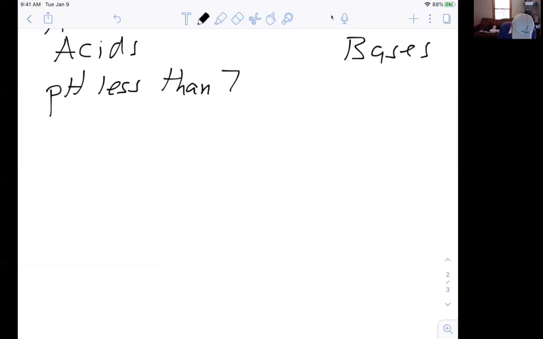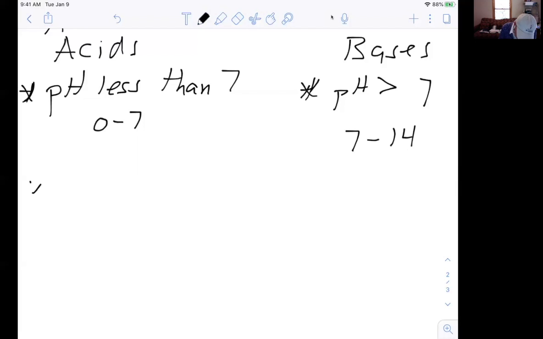So acids have a pH between 0 and 7. Bases have a pH that is greater than 7. So that means 7 to 14. Let's go on to the next general property.